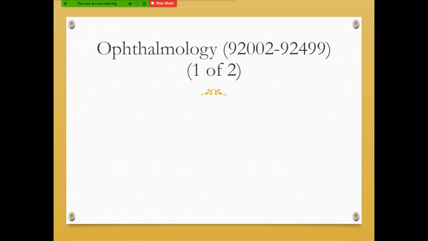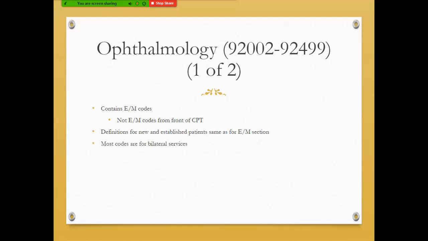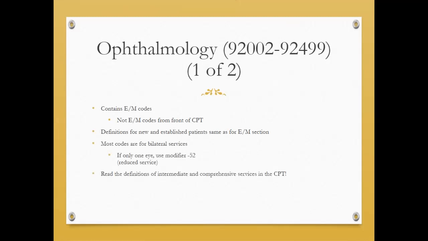Ophthalmology, 92002 through 92499. Okay, so next, it is important to note the difference between intermediate and comprehensive as it pertains to this subsection. Extensive subsection notes explain levels of service and present examples to clarify the codes.